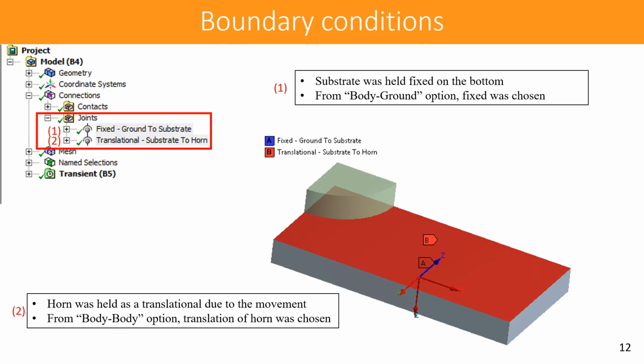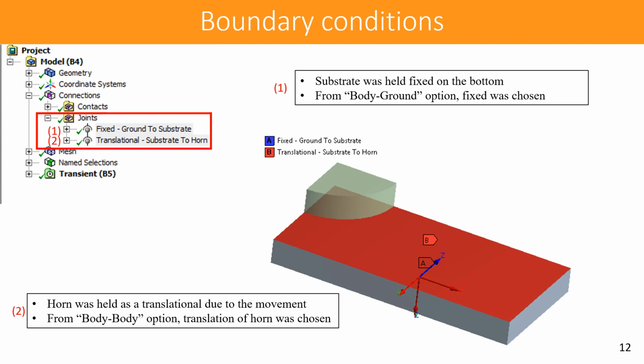And then another boundary condition is that I use the joint. So basically my substrate is held stationary, right? And then this horn is moving, or it has the translation. So to implement the fixed support at the bottom, I use the body ground option, and I choose the fixed, and I fix this body.